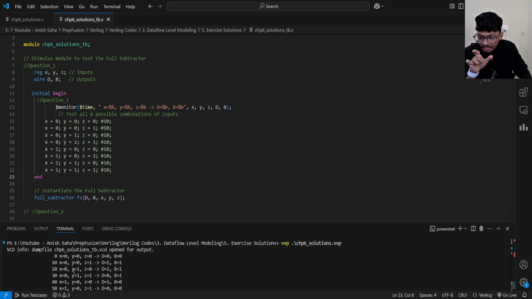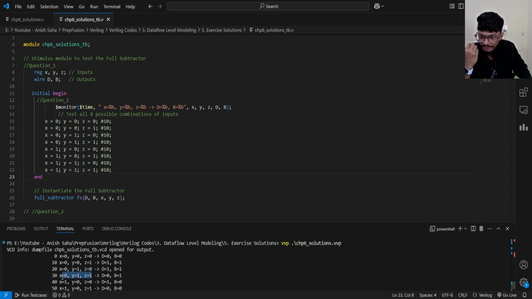So I'm doing x minus y, right? Again x is 0, y is 1, so again I have to borrow 1. So the difference is 1. Why? Because I have to borrow a 1 from the MSB, x becomes 2, and 2 minus 1 is 1. That's why the difference is 1, and the borrow bit is also high.